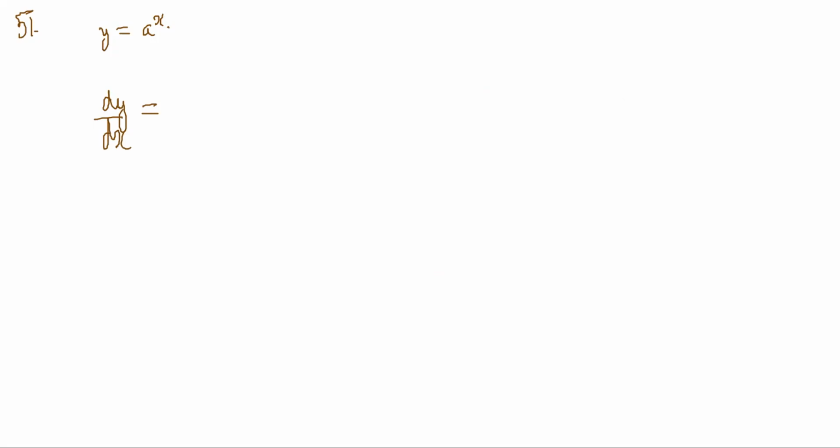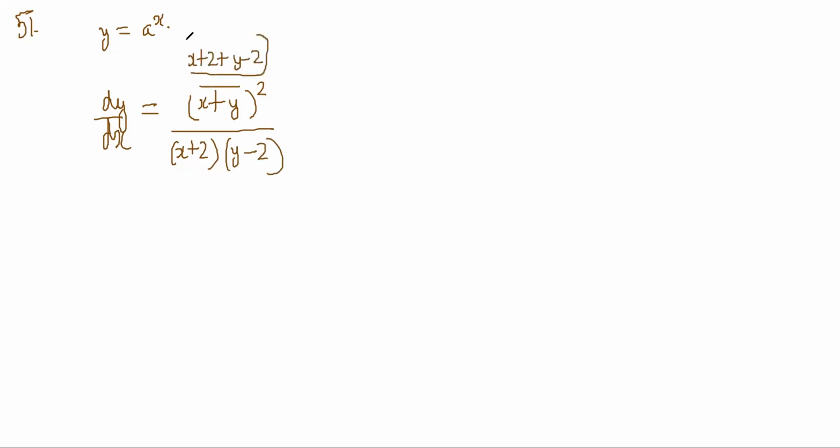Yeah, whole square. x plus y whole square by x plus 2 into y minus 2. This is a standard question, dude. You can write this as x plus 2 plus y minus 2 and take x plus 2 as v and this as u.